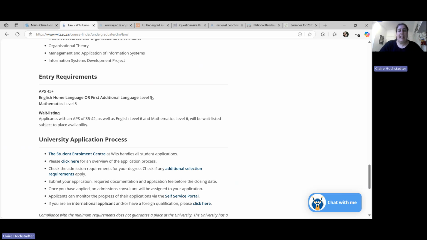If you do not have all of those 3, it means you are not meeting the minimum requirements. So let's say you have 43 points, you have level 7 in home language, but you take mathematical literacy. Because you have mathematical literacy and not core maths, you are not meeting the minimum requirements.